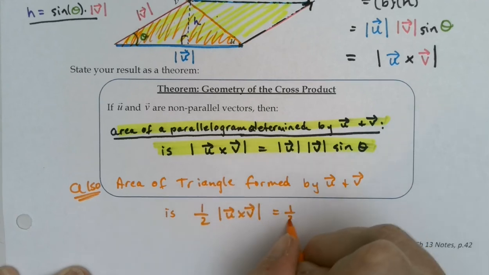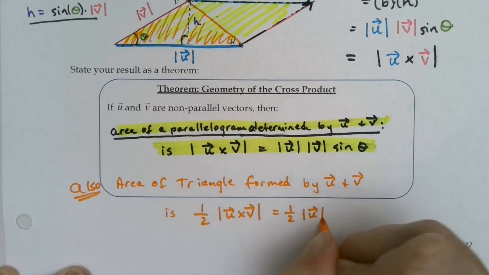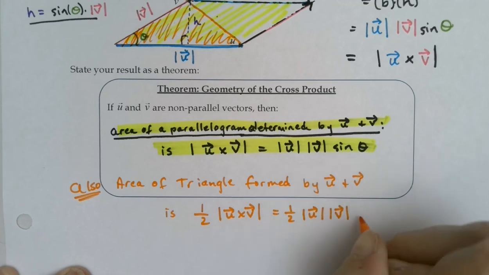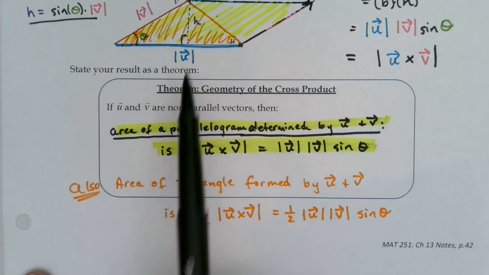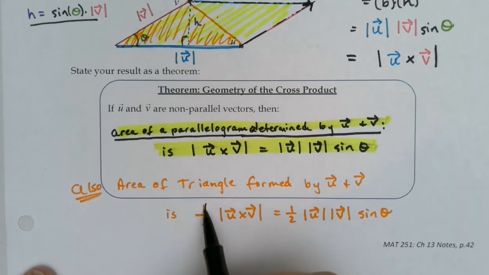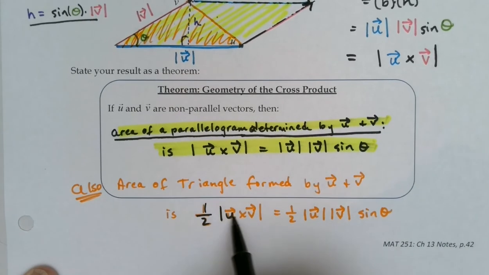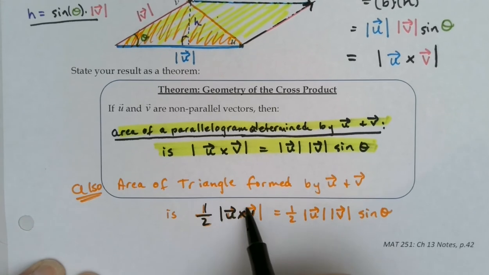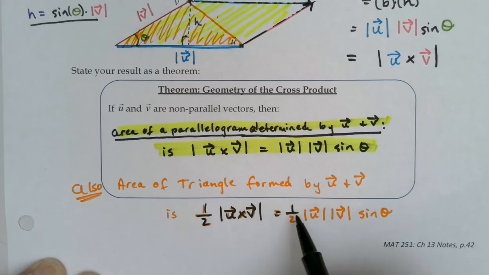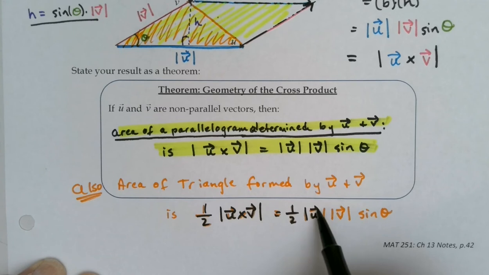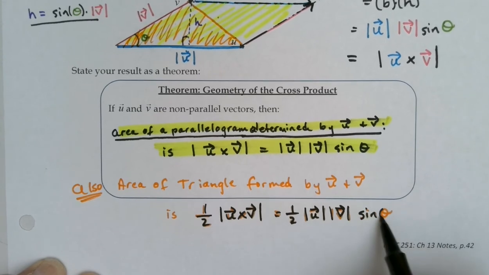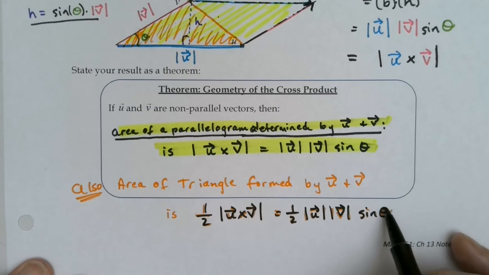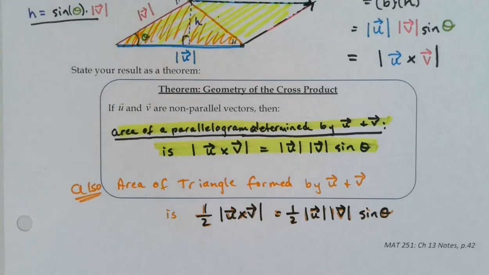In other words, it's half the magnitude of u, the magnitude of v, sine of theta. That orange triangle right there is this formula right here. It's the same one as for the parallelogram, but it's cut in half because the triangle is half of that parallelogram. All right, so now we can go use those formulas to answer some questions.